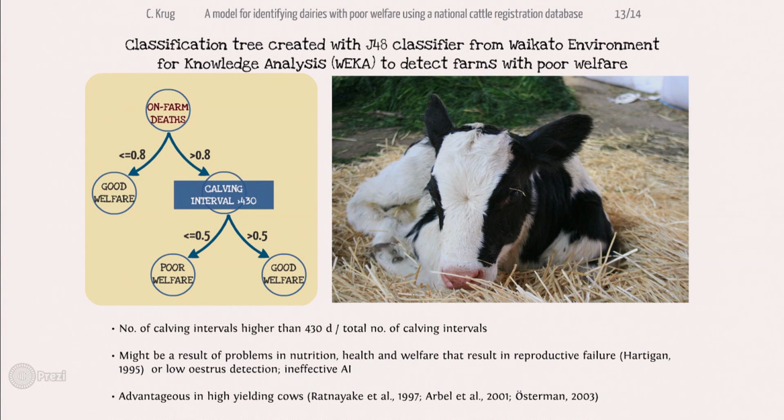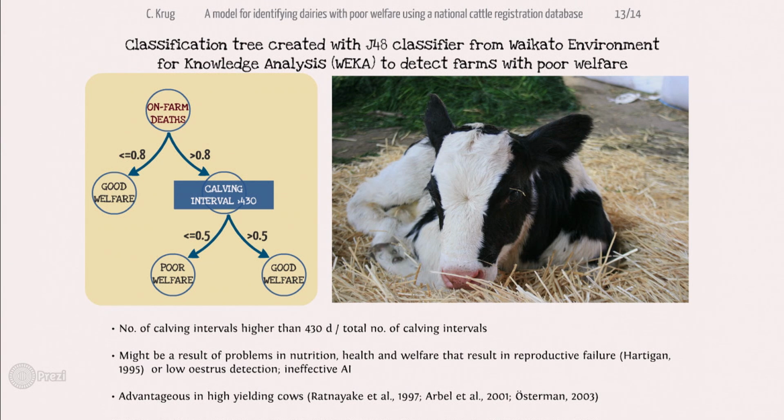And so calving interval higher than 430 days was the other potential welfare indicator selected by the model, or by the program. And it was calculated just by dividing the number of calving intervals higher than 430 days by the total of calving intervals.